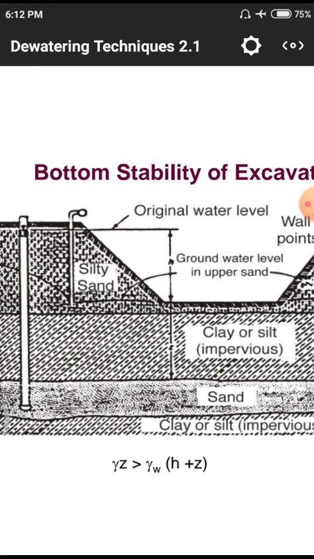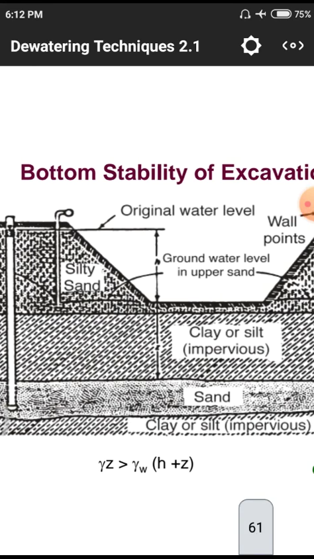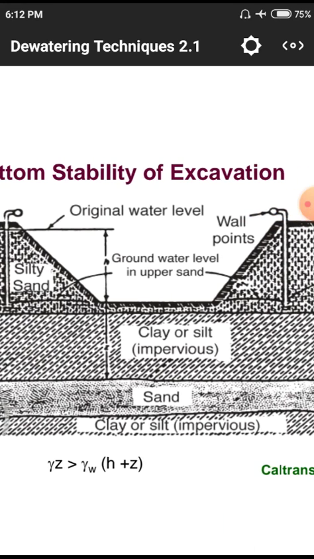Dewatering means we are totally removing the water from this sandy layer also. This is the groundwater up to the particular sand level, the original water level. Due to these well points on each side, we are decreasing the quantity of water at the structure.